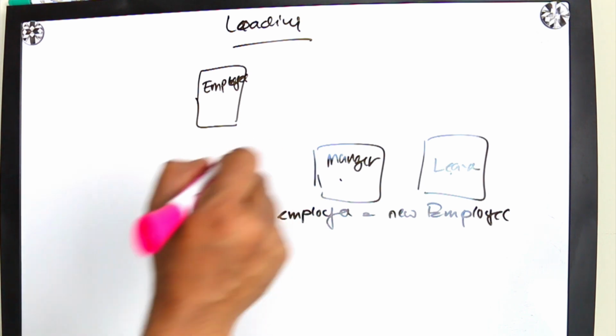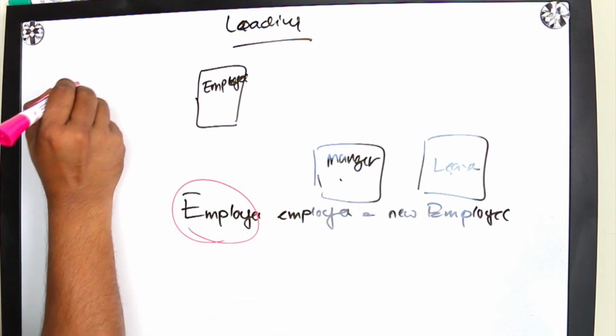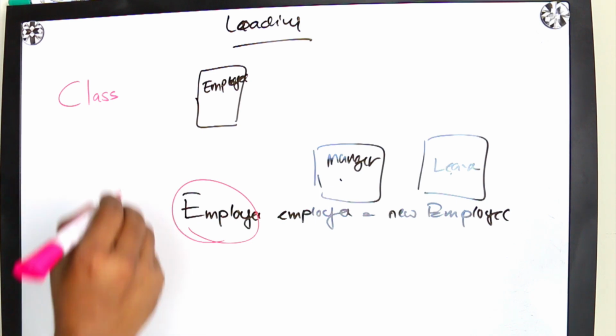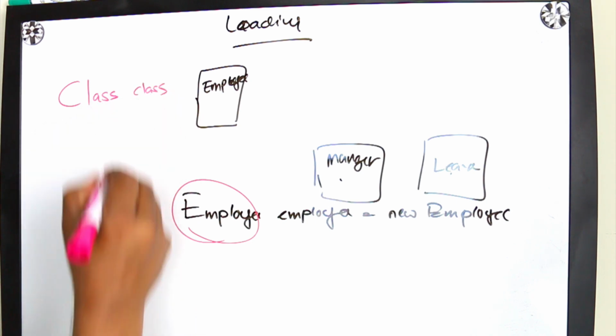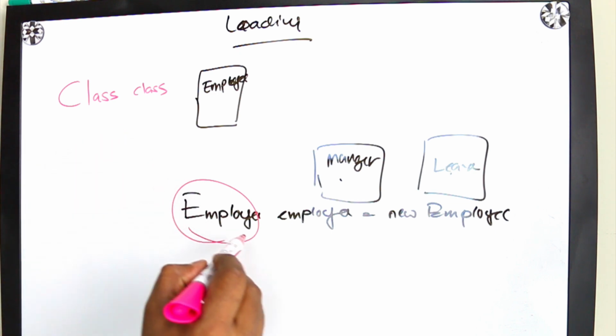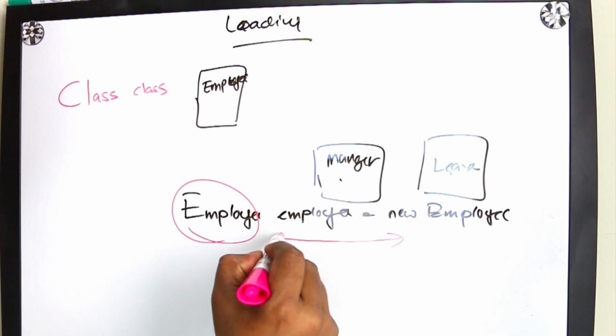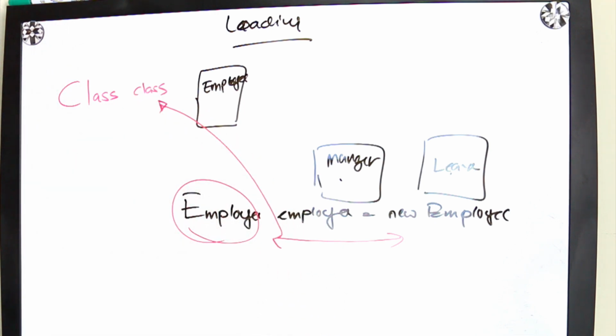So during load it creates an object from the class type, the class type object, let's say class, and it will assign this employee class information into this class variable and store it in the heap.